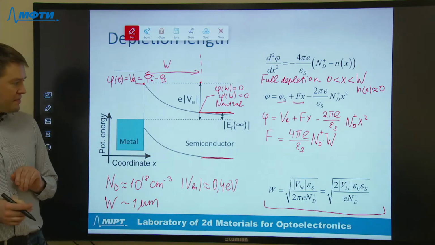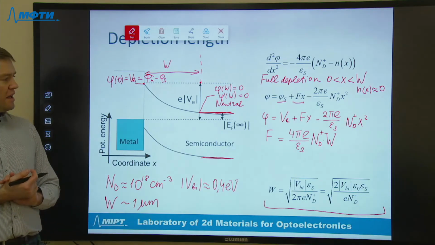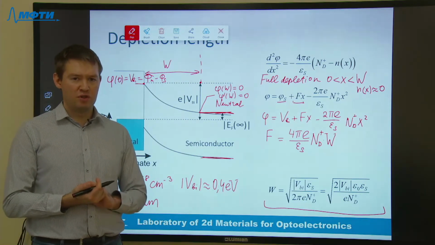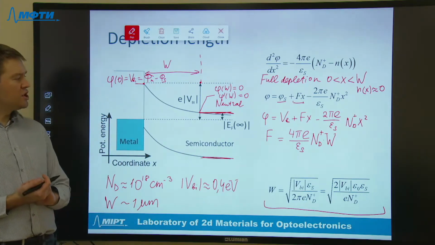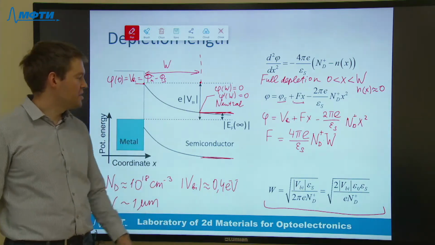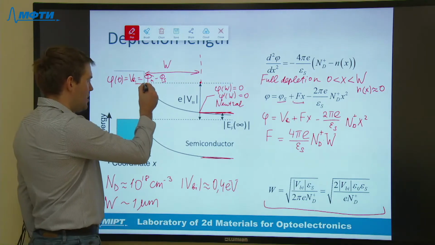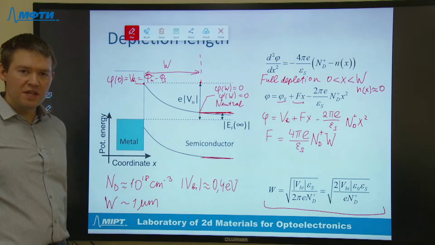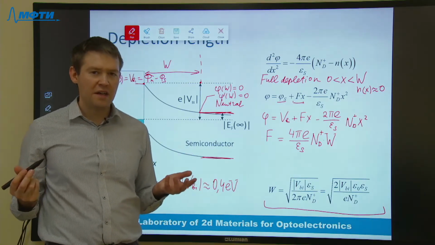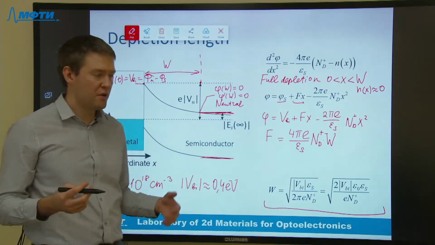But one more important thing is, can we attempt to guess the shape of electric potential when we consider this junction in a non-equilibrium situation? Of course, in non-equilibrium situations, to find the electric potential versus coordinate, you need to solve the full set of drift-diffusion equations.